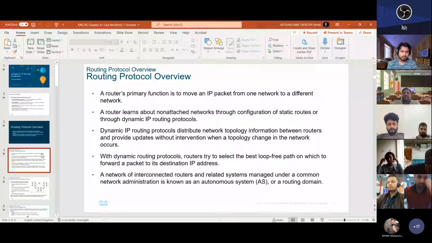This is defined as an AS, autonomous system. Therefore, you can have routing happening between routers within an AS, or you can have routing happening between ASs, or between routers which are part of two adjacent or neighbor autonomous systems.